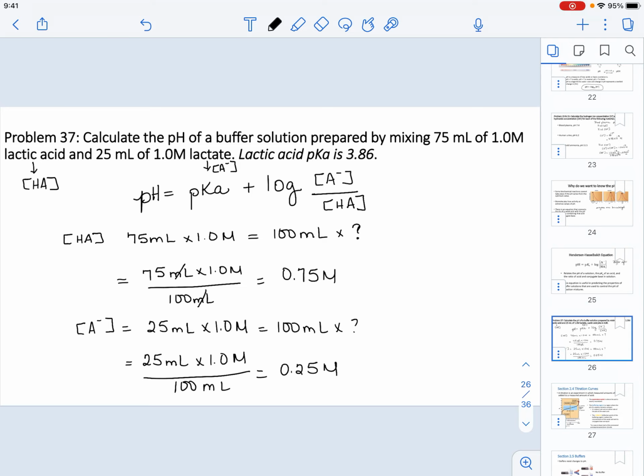Now that I have the concentrations for my weak acid and for its conjugate base, I can plug them into the equation. So the pH of this buffer solution is going to be 3.86 plus the log of 0.25 molar divided by 0.75 molar.